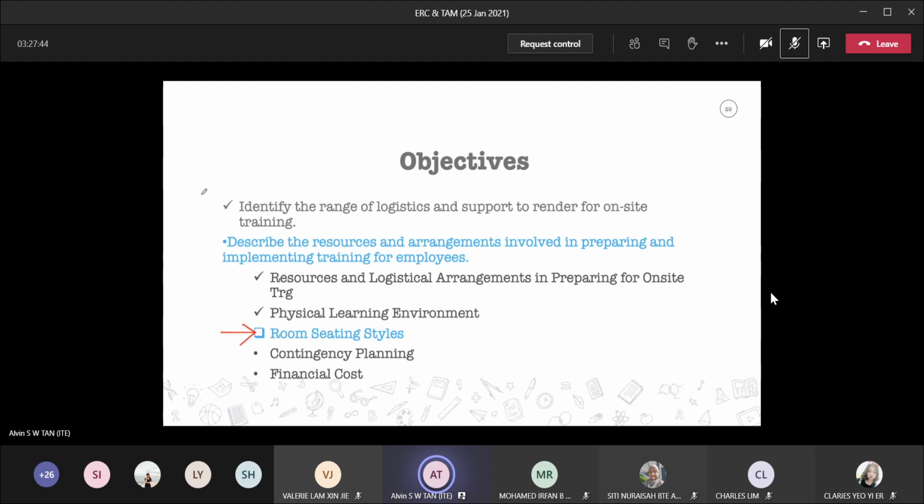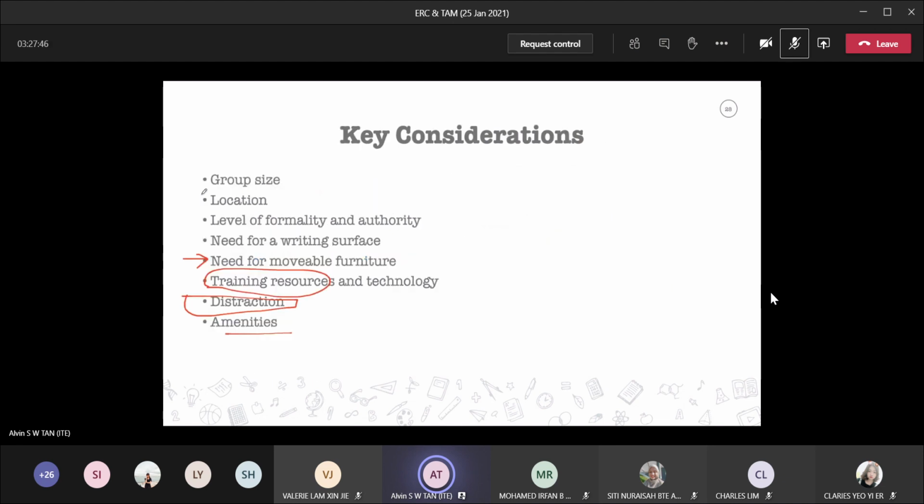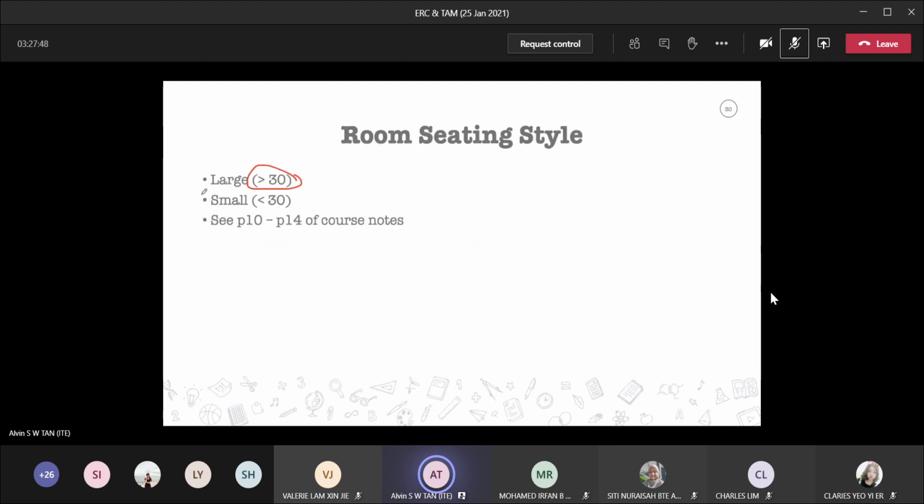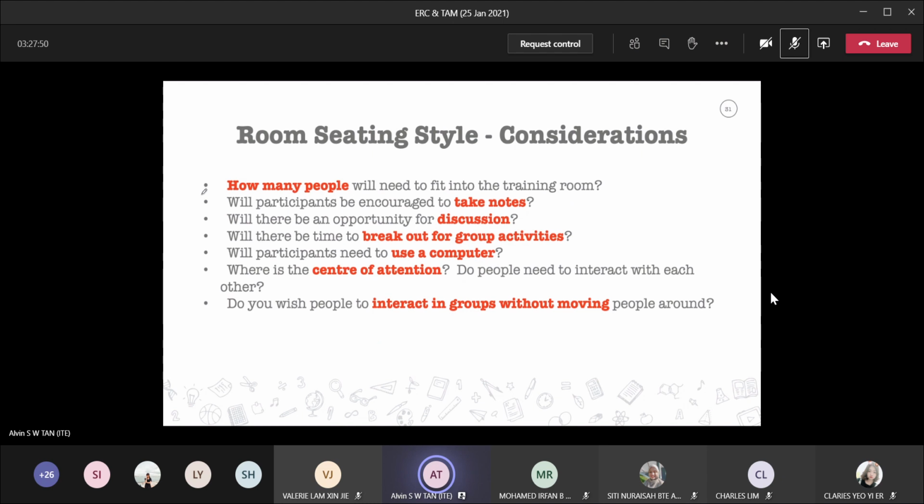Again, these considerations will affect your seating considerations. How many people will fit in the training room? Are there writing surfaces to encourage people to take notes? Do you need movable furniture for discussion?